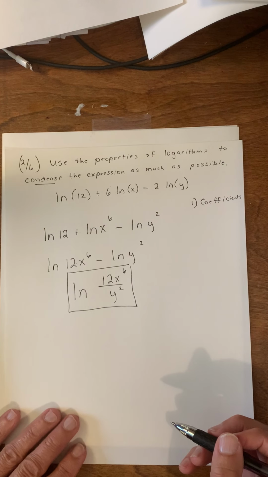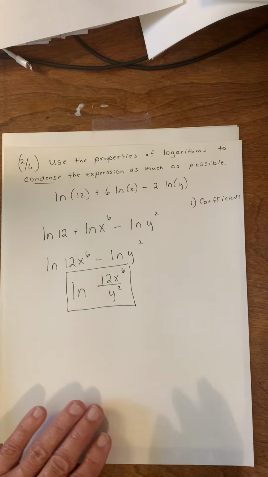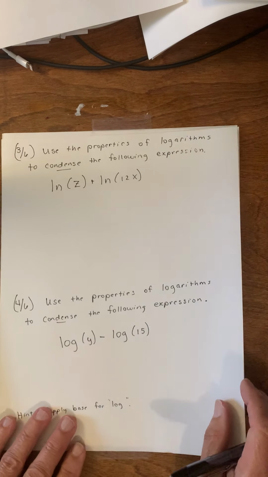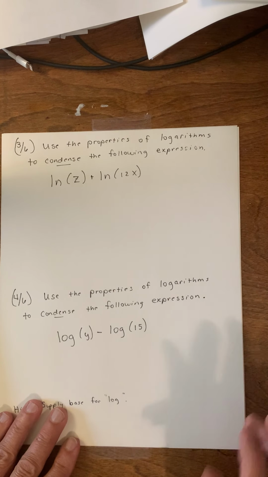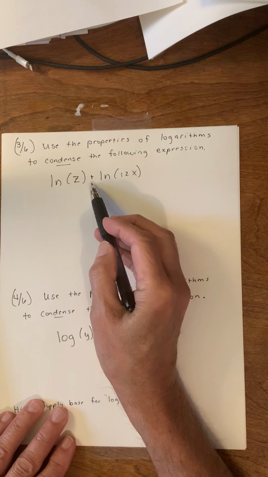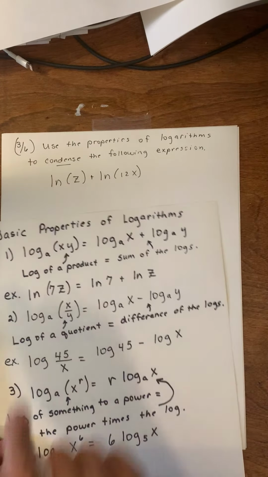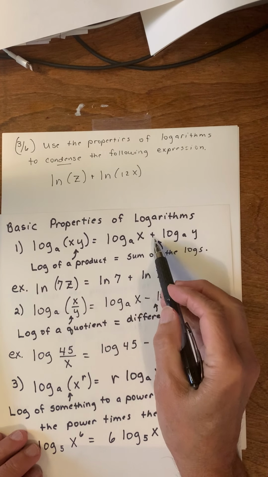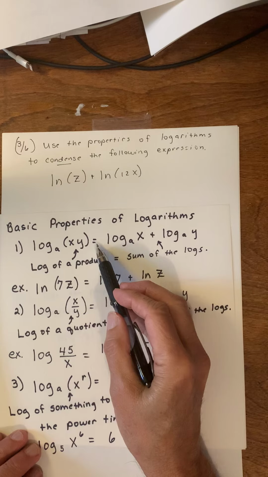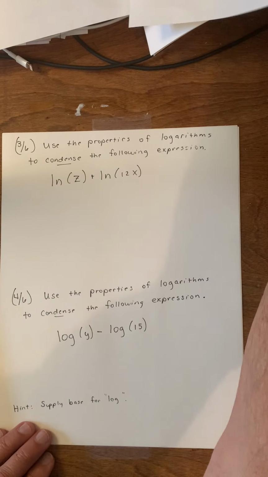That's what I would put into my Hawks. All right. Next one. Those were kind of challenging. This one's thoroughly easy. Natural log of z plus natural log of 12x. Hey, that is the sum of two logs. That's simply the log of the product of those two values.